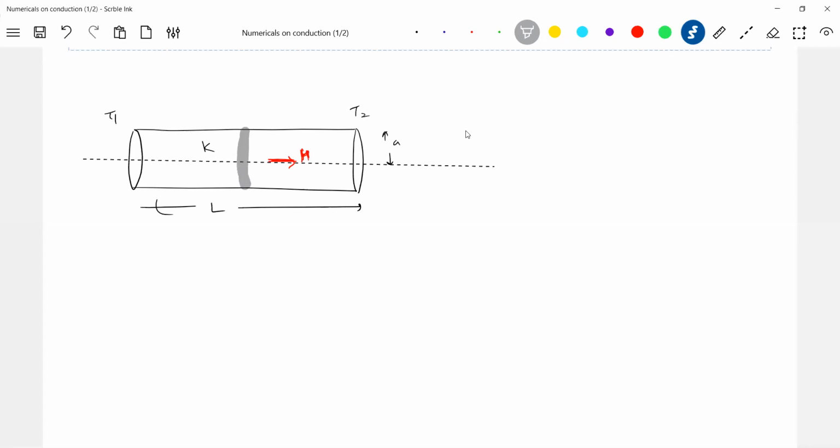So what is the elemental surface? Shall we put a disk? The elemental surface will be a disk. What is the thickness of this? Let it be dx.